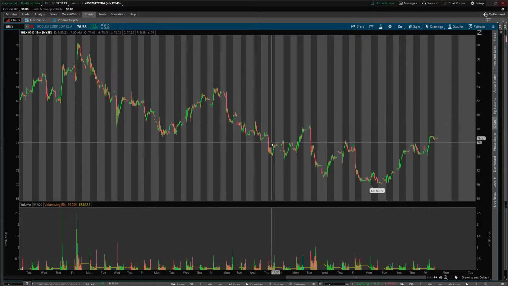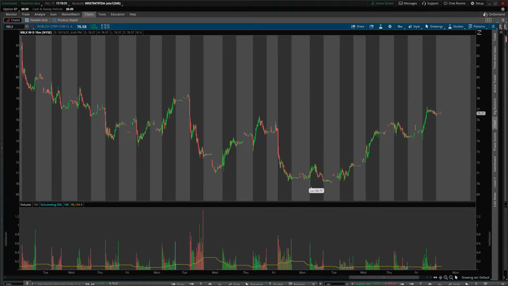Now, the next step after we identify this consolidation is we want to look more towards the mid ranges, the mid levels of this consolidation, the midpoints of this chop fest right here, versus not necessarily the outer ranges of the consolidation.